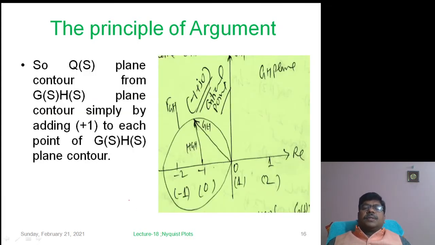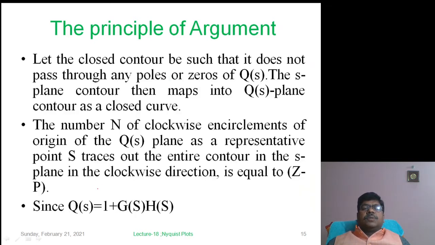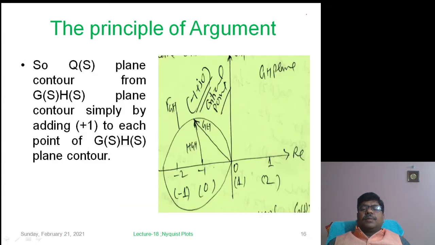In this case, we have a plane contour for G(s)H(s), and going from the open loop transfer function to the closed loop means 1 plus G(s)H(s). So, for getting 1 plus G(s)H(s), we have to add 1 to G(s)H(s).